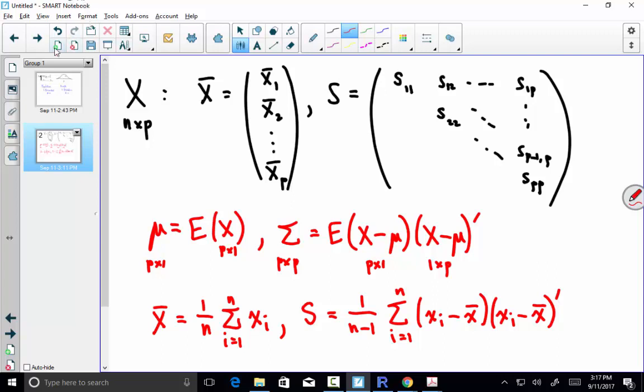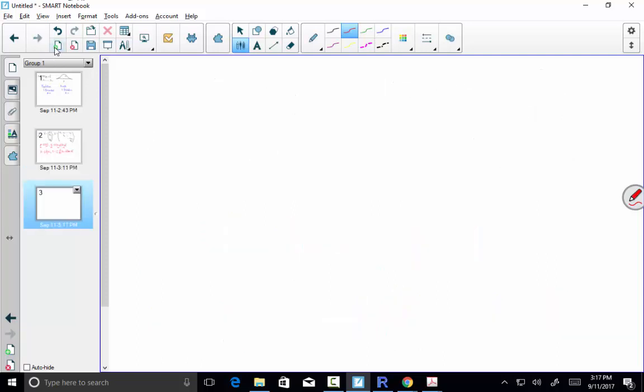A slicker way to do it that takes advantage of vector and matrix operations is x bar equal to 1 over n times x times the vector 1. So this is n by p, and this is p by 1.